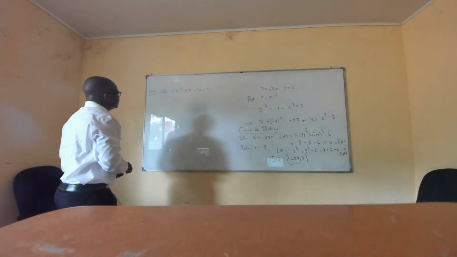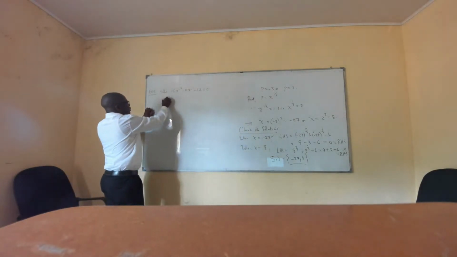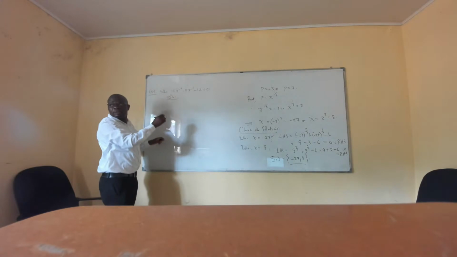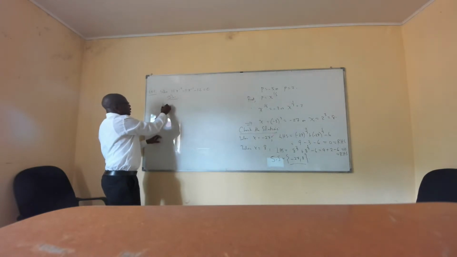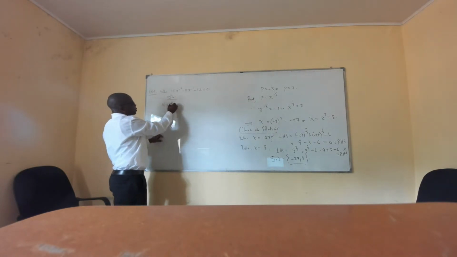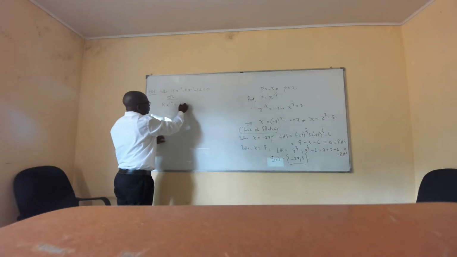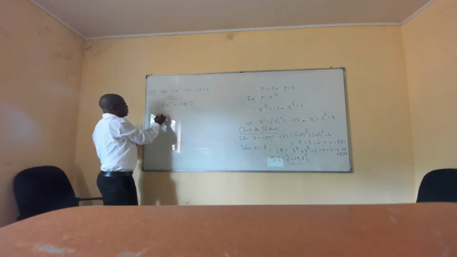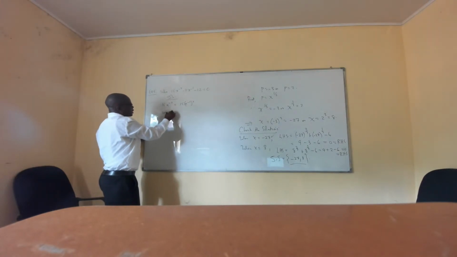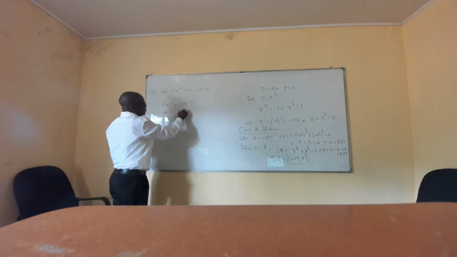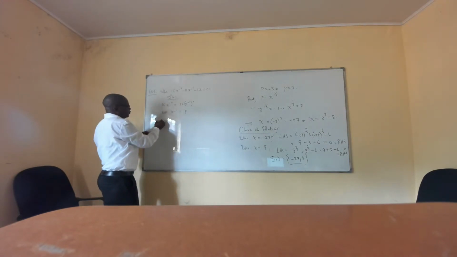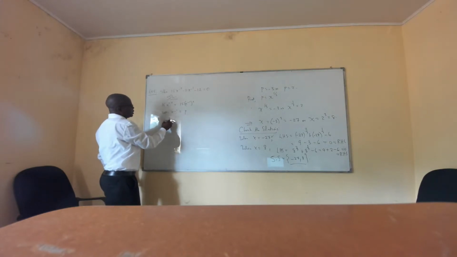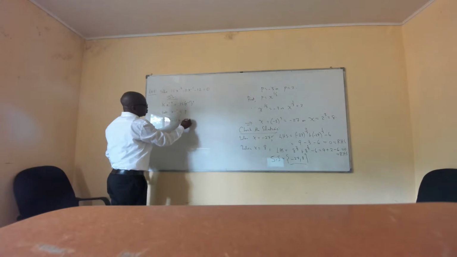Okay, this one, you note that 15x to the power minus 2, you can write this as 15 times x to the power minus 1, then squared. Therefore, I can let x to the power minus 1 be p, so that I have 15p squared minus 11p minus 12 equals 0.